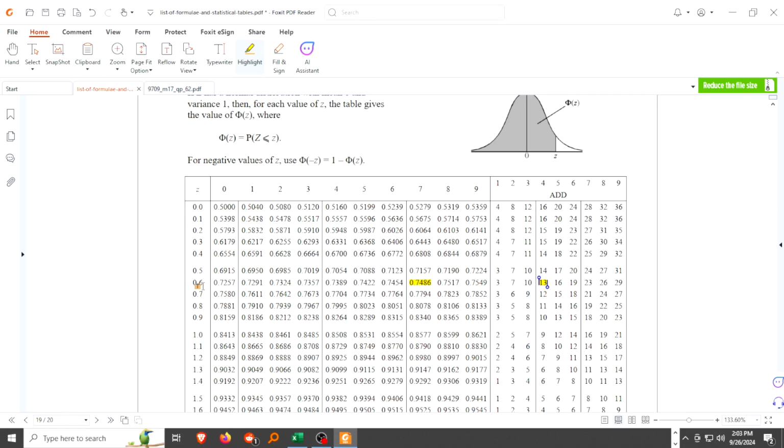We find 0.7499 corresponds to a z value of 0.674. So it is 0.674 that we take and equate to 8.8 minus mean over standard deviation. That will form our equation 1.